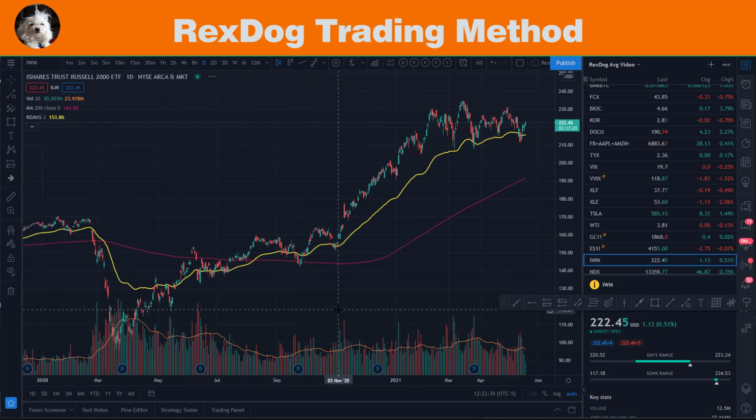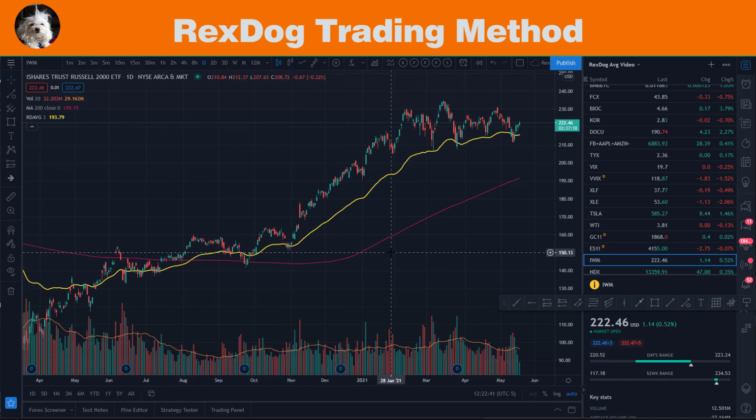Once again, I should be mentioning this because I'm just jumping through this, but compare this to if you're using the 200. Maybe you're using the 50. I know the RexDog average tracks some moving averages pretty closely, but the reason why I mathematically went through this, tested this, and looked at all different markets is because it's the most reliable one that puts me on the right side of the momentum.